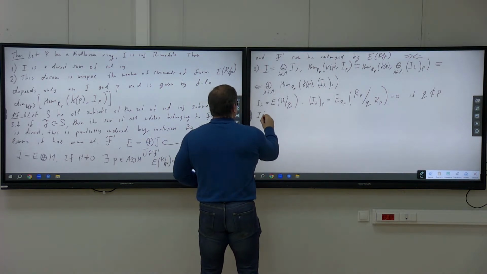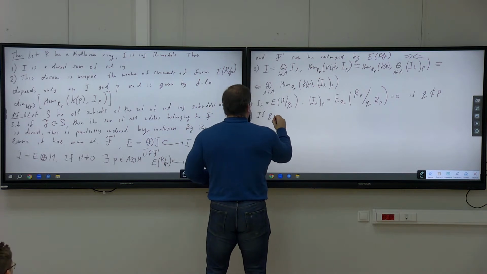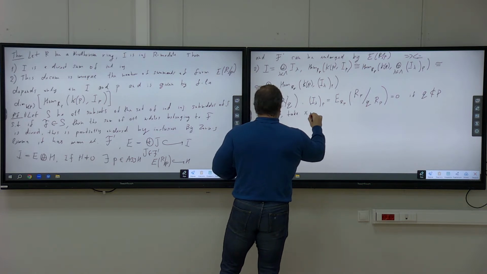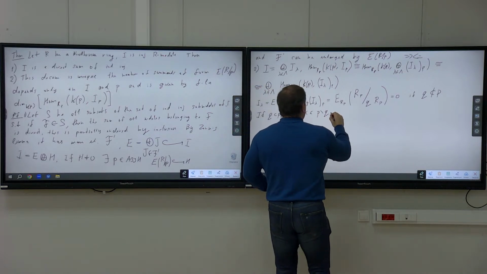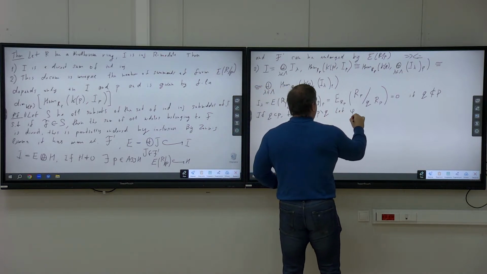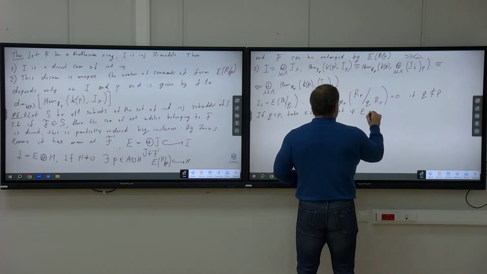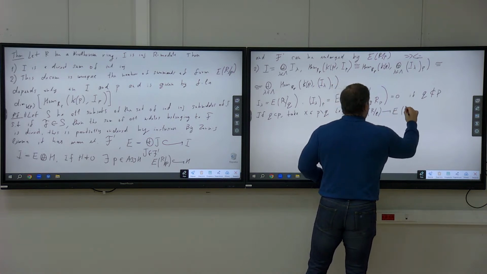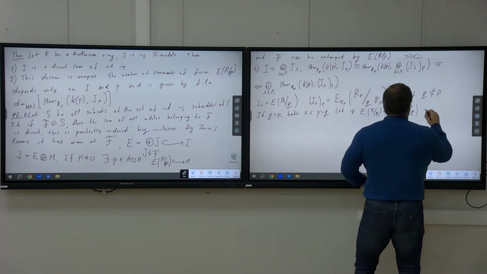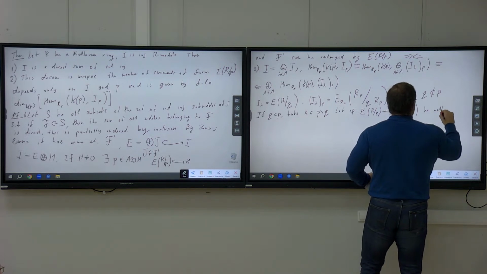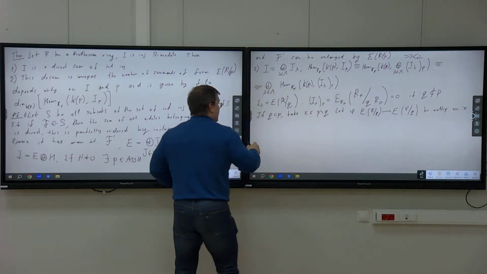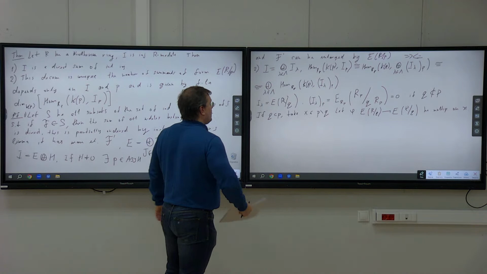So if Q is contained in P, then we take X, which is in P but not in Q. Let phi be a map from the injective hull of R modulo Q to the injective hull of R modulo Q, multiplication by the element X. This element X induces an endomorphism of this module.